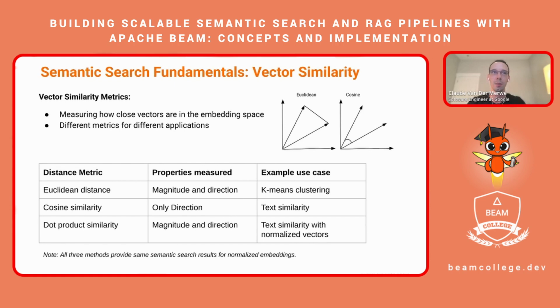And then there's dot product similarity, which measures magnitude and direction, but it's usually used for text similarity with normalized vectors. And a note on these, for normalized embeddings, all three of these measures will result in the same ranked semantic search results.